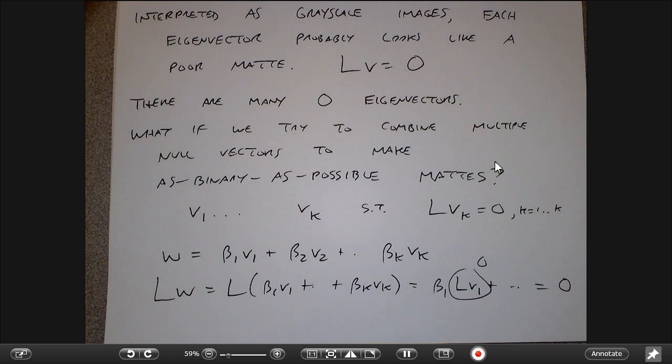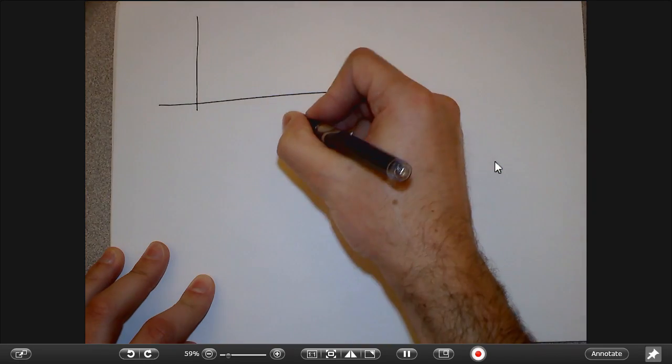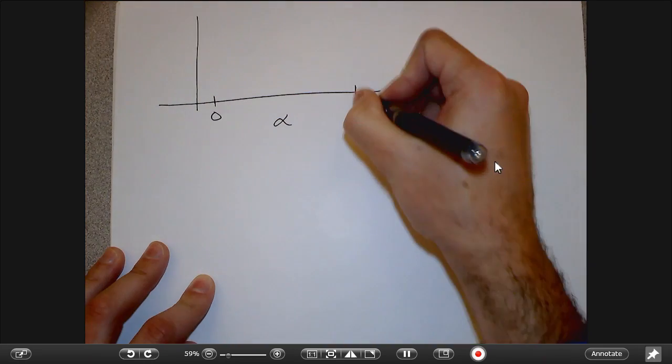But what I can try to do is arrange these in such a way that I get something that is better or perceptually closer to a matte, right? And how could I force it to look like a matte? I know that almost everywhere the matte is going to be almost 0 or almost 1, right? Remember that picture I showed you last time where I looked at the plot of alpha for a real image?